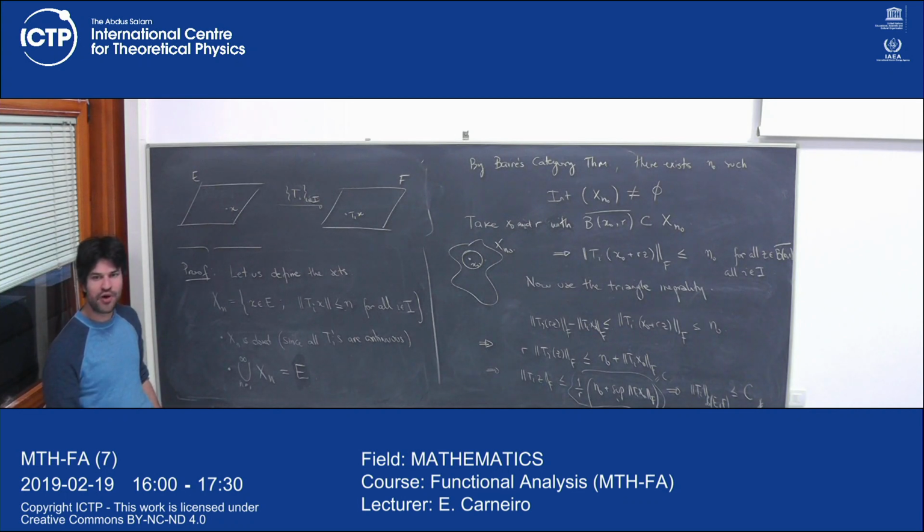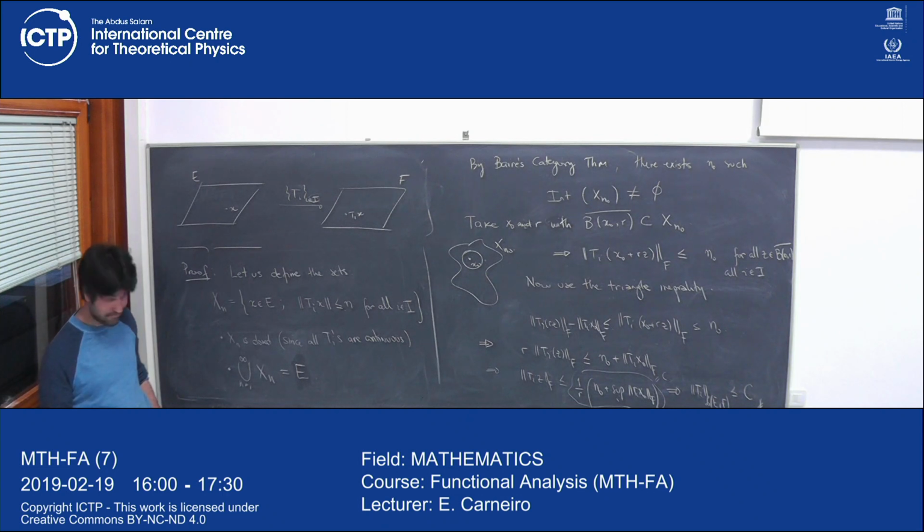And I assumed in the hypothesis of the theorem that E and F were Banach spaces. Where did I use it? Do I actually need it? In Baire's category theorem, I wanted E to be complete, right? So all you actually need is E to be complete. Did I use in the proof that F needs to be complete? I didn't use that F needs to be complete.